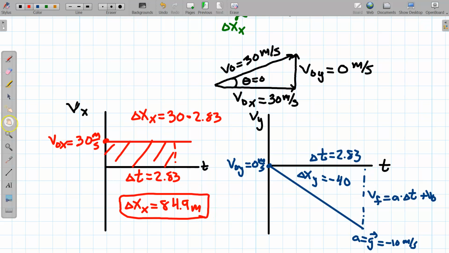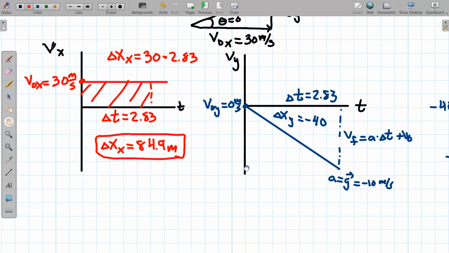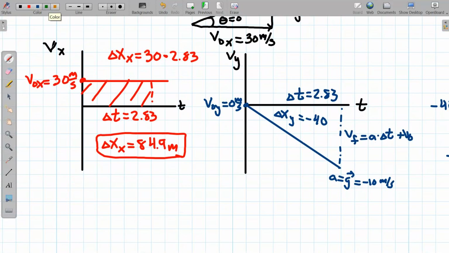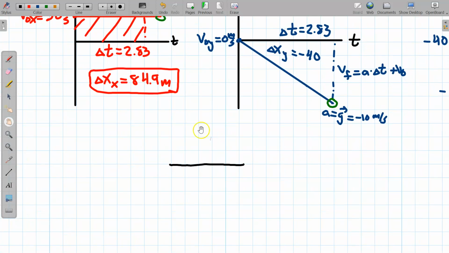The final question is asking what's the final velocity vector. What I have to do here is take the final velocity in the y direction and the final velocity in the x direction, and reconstruct my velocity vector. I kind of did the exact opposite at the start, but now I need to put it back together.